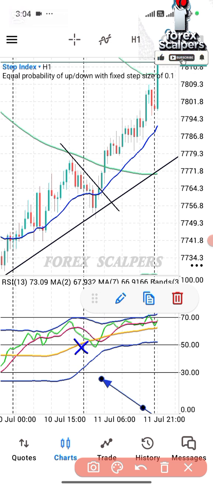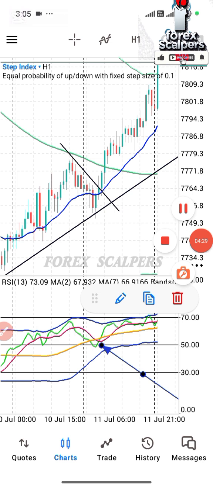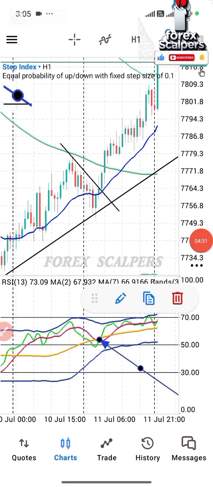So that simply means it's a change of trend, a bullish movement, and you are into this buy from this zone. So this is how simple the strategy works. So you can see that.